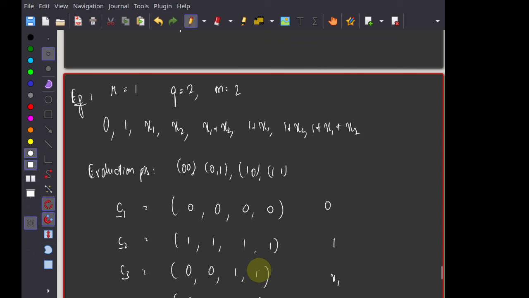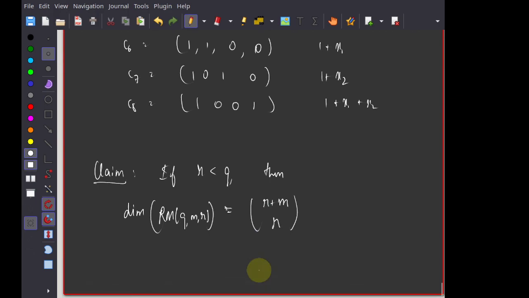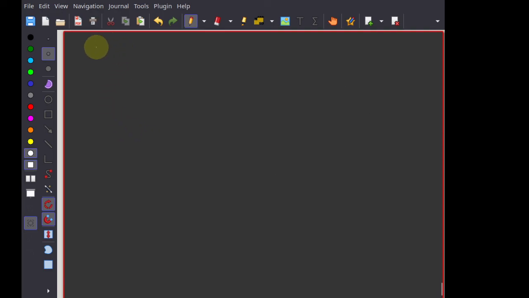And the reason why the individual degree should be at most q minus 1 is because of the following fact. In any field F_q, x to the q is equal to x.